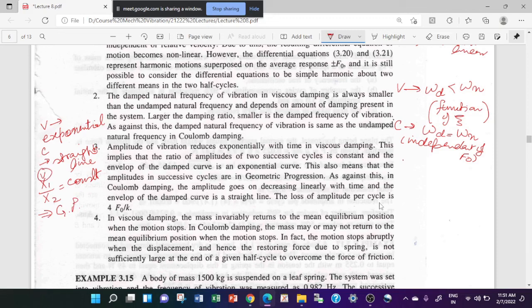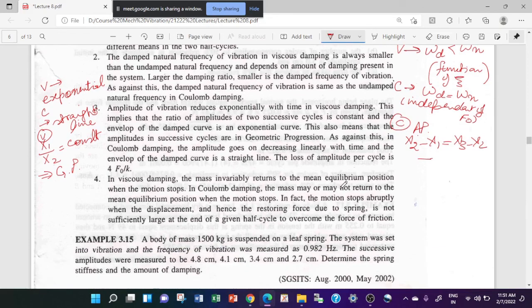In the Coulomb damping, you have a constant decay in the amplitude, and because of that, you have an arithmetic progression between the amplitudes. You have x2 minus x1 equal to x3 minus x2 and so on. This is the first cycle amplitude, second and third and so on. So they will basically form a straight line, and they will have an arithmetic progression here.